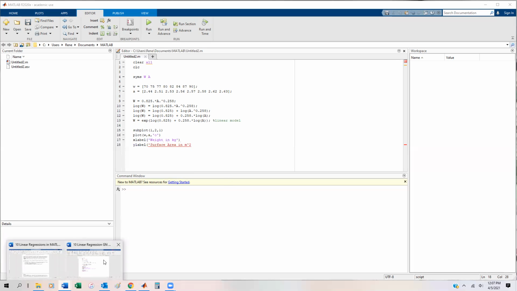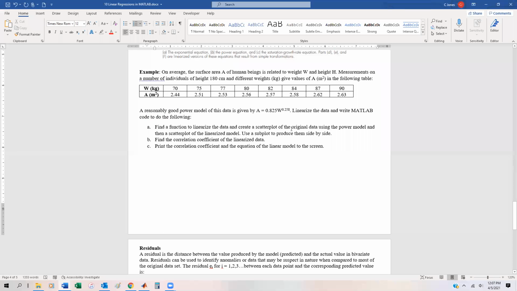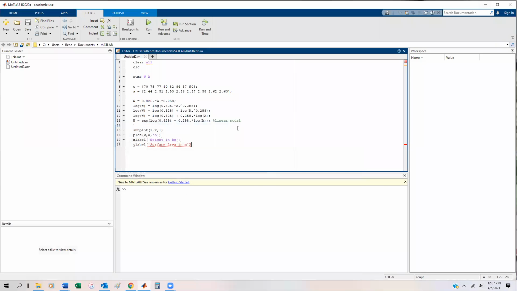It might be centimeters, I don't want to lie. All right, so it was kilograms and meters squared. Okay, so we have that. And then we're going to have our title, and this is going to be our original data, weight versus surface area of humans.